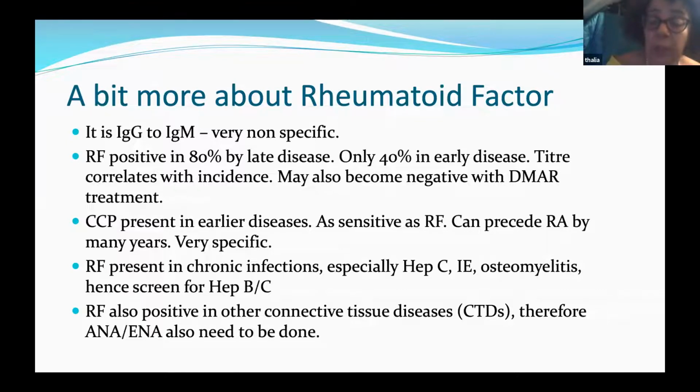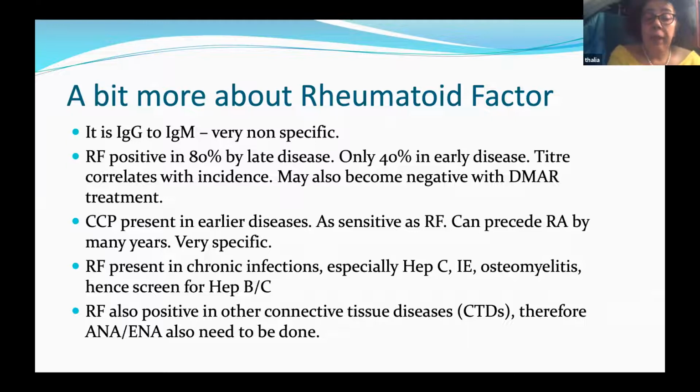And because hepatitis C can also present with arthralgia, we have to distinguish: is it the hepatitis that mimics rheumatoid arthritis, or is it rheumatoid arthritis with hepatitis? IE stands for infective endocarditis. Osteomyelitis can have a positive rheumatoid factor.